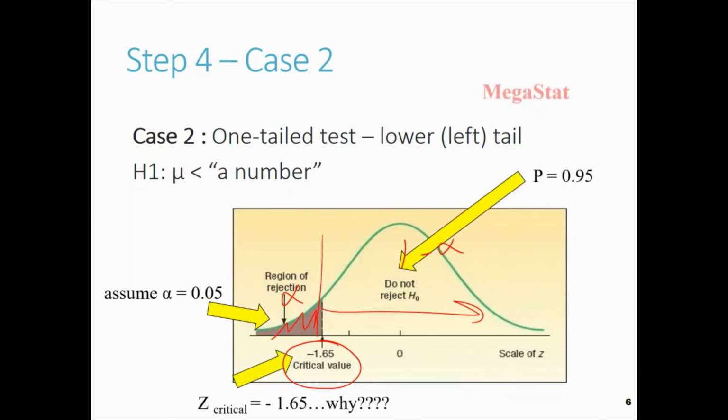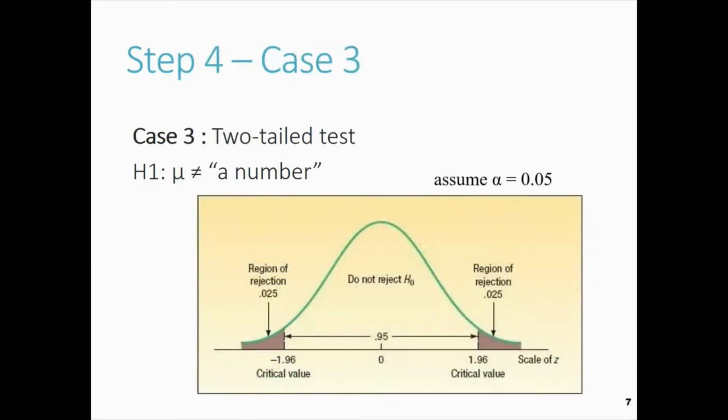Okay, the third case is your two-tailed test, when you're testing for equal and not equal to a number. So when you're reading your exercise, the particular problem that you're looking at, and they're testing whether a number is the same or has changed, is it different from, those are keywords for equal and not equal.